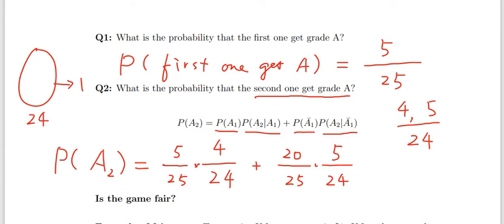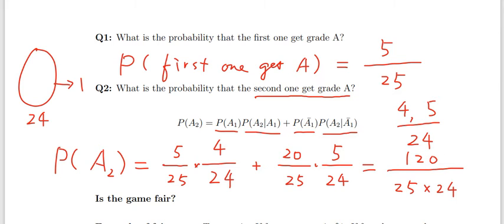So we need to compare those probabilities. Which one is big? Okay, first one gets A, and for the second one gets A, here we need a little bit of calculation. There's 25 times 24 in the denominator, and the numerator is 20 plus 100, so 120.